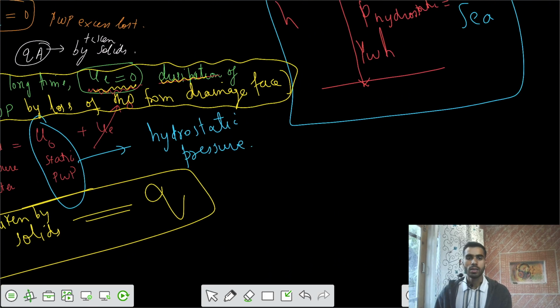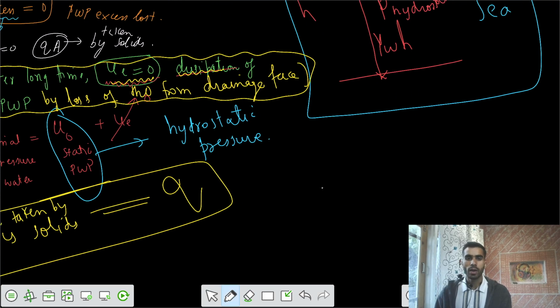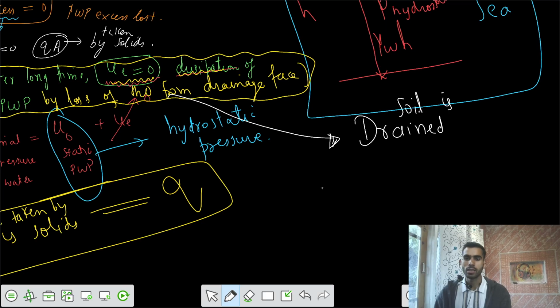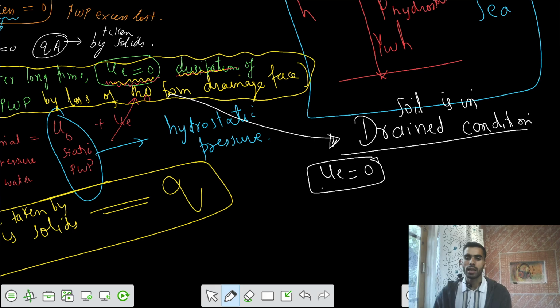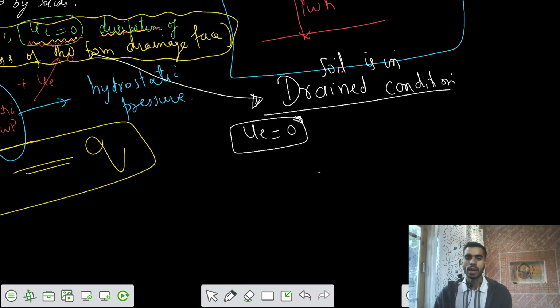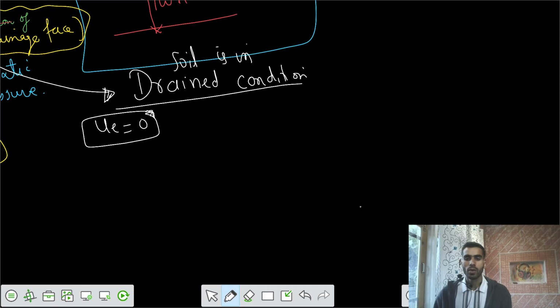Now, because we are draining the soil, allowing it to lose water, we call this condition the soil being in drained condition. Soil in drained condition means your excess pore water pressure has been dissipated, so the excess pore water pressure in the pore water is zero.